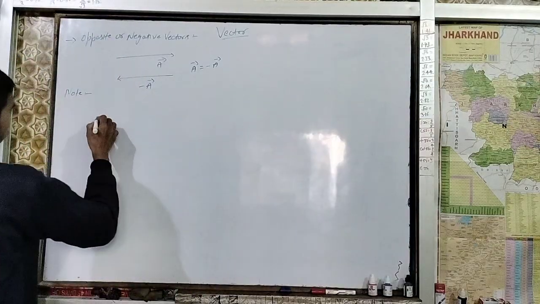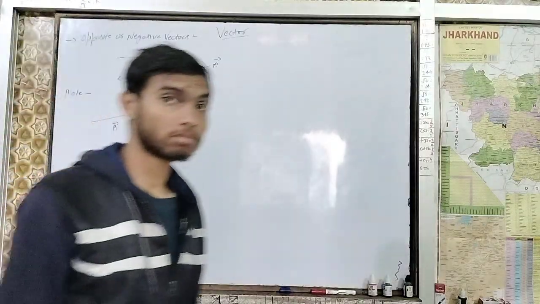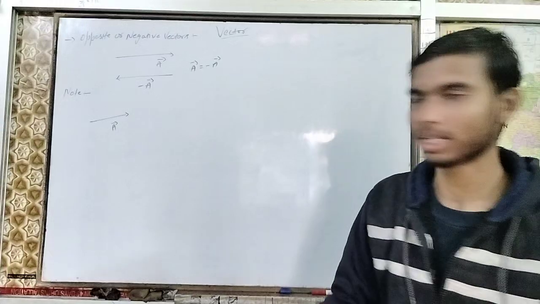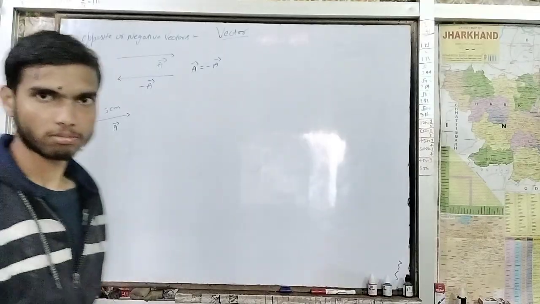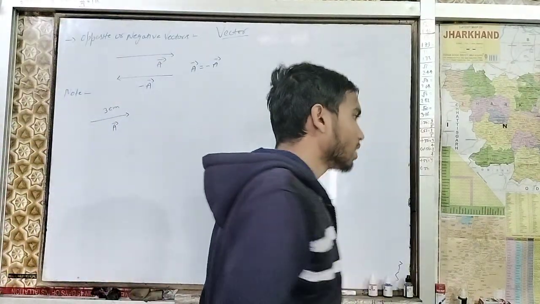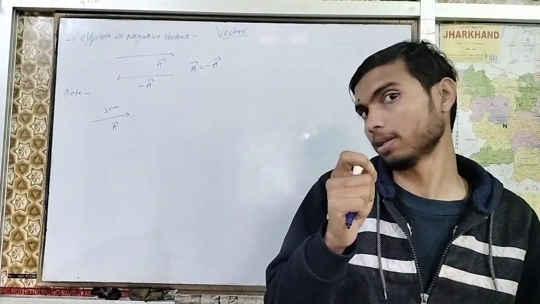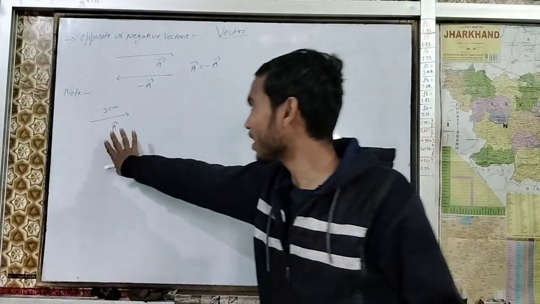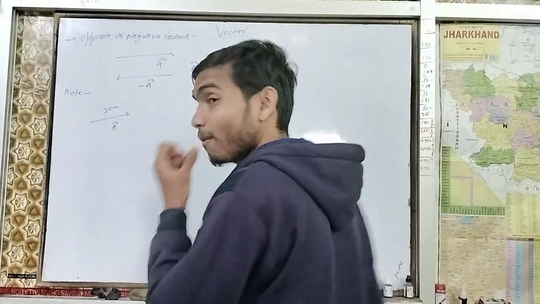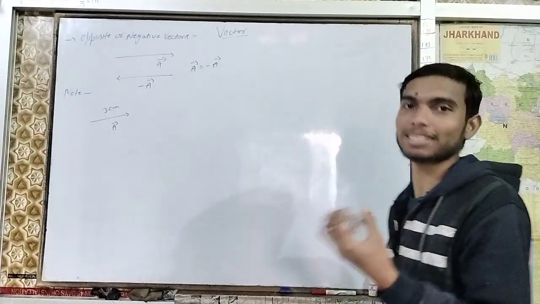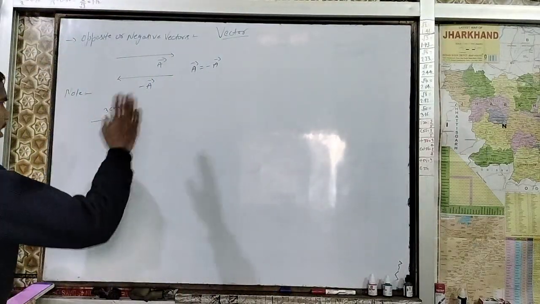For example, this is a vector whose magnitude is 3 centimeters, and you can see its direction. The note is saying, if you multiply this a vector by a real number, the length will increase, but the direction will be the same.